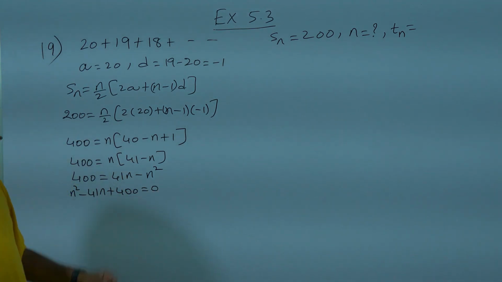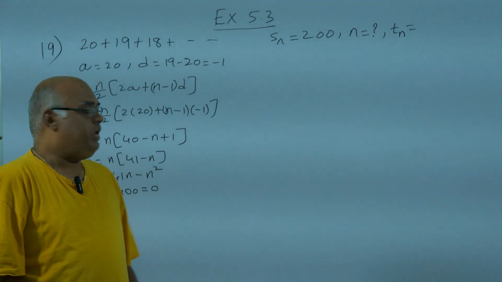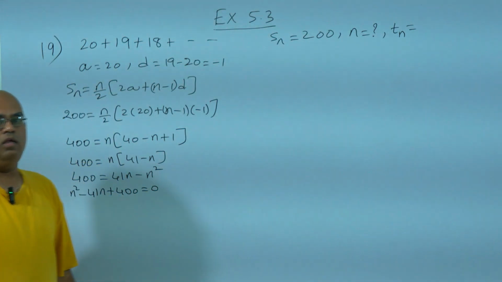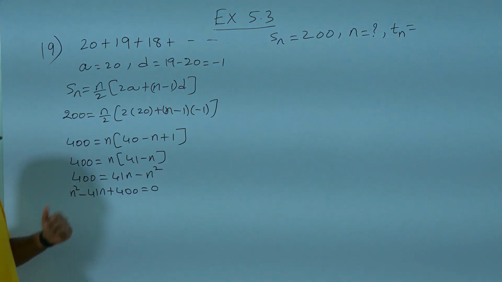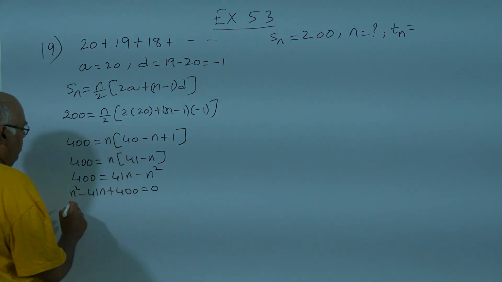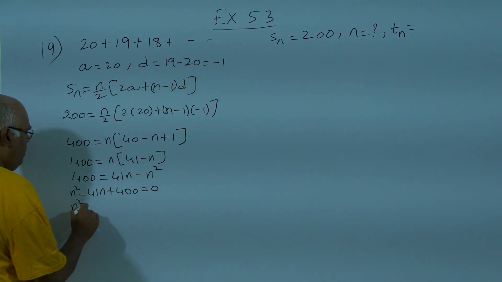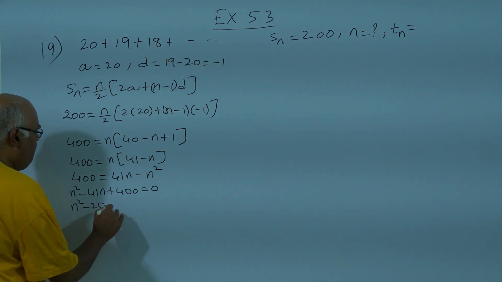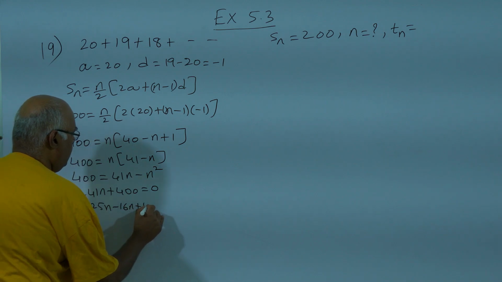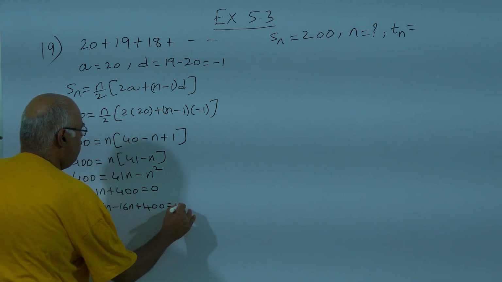Now we got a quadratic equation. We need to solve this quadratic equation, then we can find the value of n. I will write this quadratic equation as n square minus 25n minus 16n plus 400 is equal to 0.